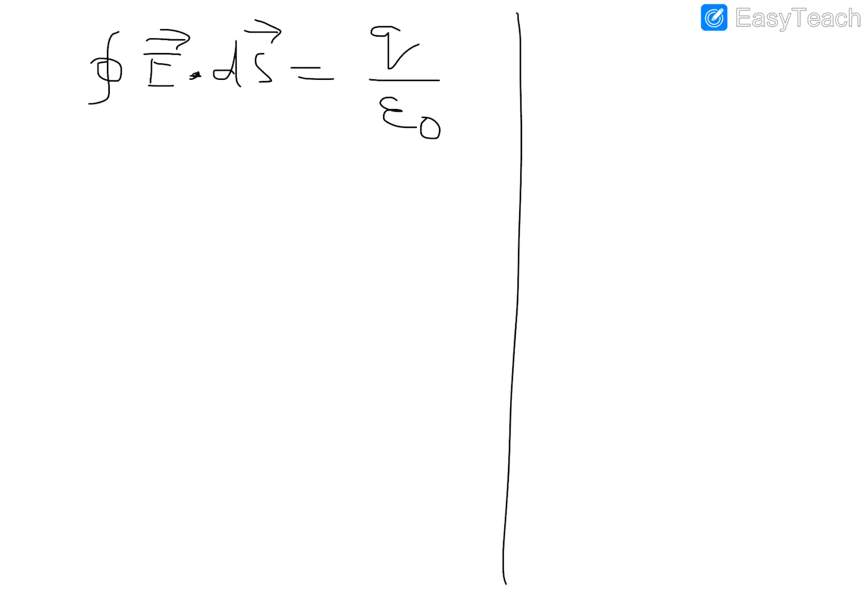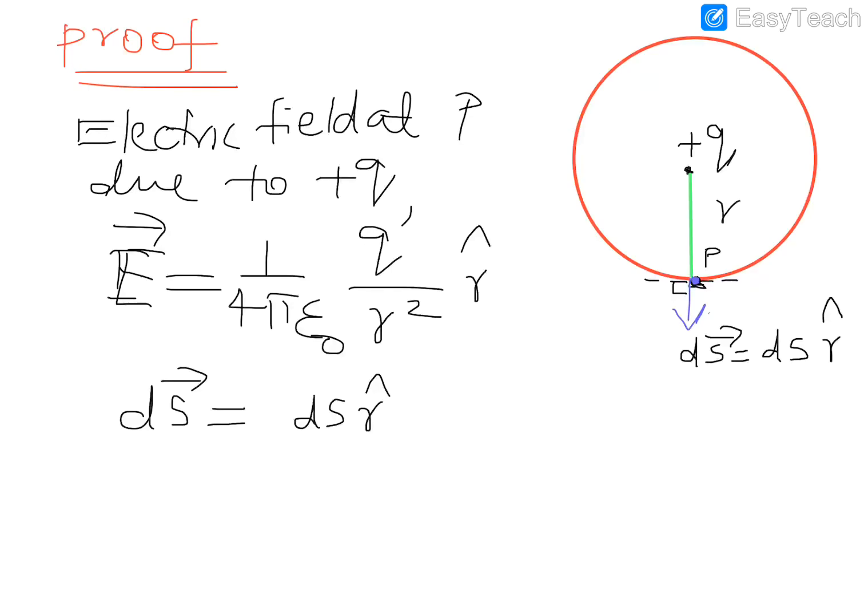Let us start from the left side and prove that the left side is equal to q by epsilon 0. So let us find the left side, closed integral E dot ds. E is equal to 1 by 4 pi epsilon 0 q by r square into r cap at P.